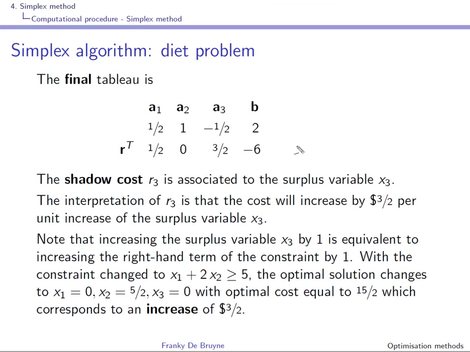Well, in this final tableau, we can also have a look at R3, the reduced cost associated to the surplus variable x3. And since x3 is not an operational variable, we will call R3 a shadow cost. And the interpretation is that the cost will increase by $3 over $2 per unit increase of the surplus variable x3.